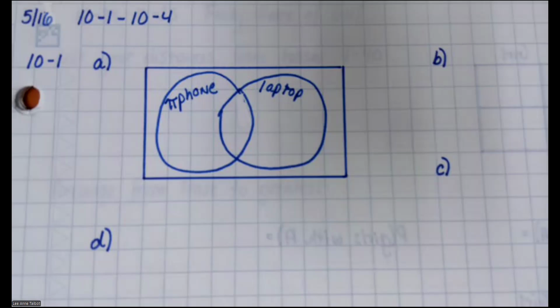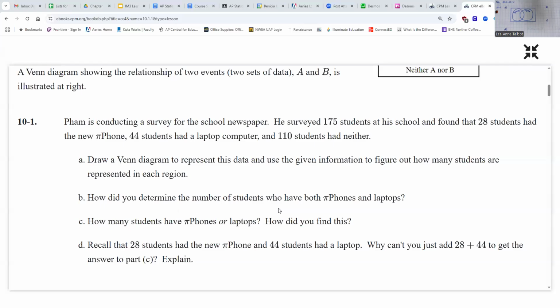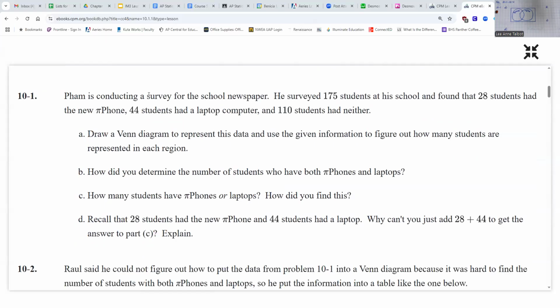Okay, here we go. Sam is conducting a survey for the school newspaper. He surveyed 175 students at his school and found that 28 students had a new Pi phone, 44 students had a laptop computer, and 110 students had neither. Draw a Venn diagram to represent this data and use the information given to figure out how many students are represented in each region.